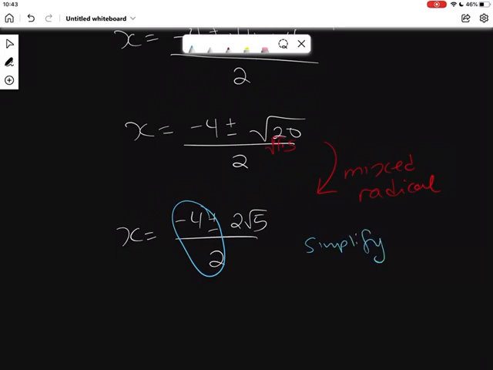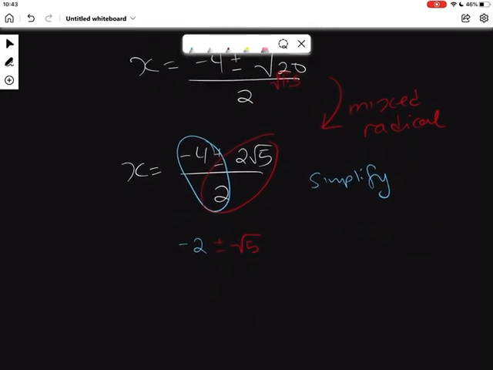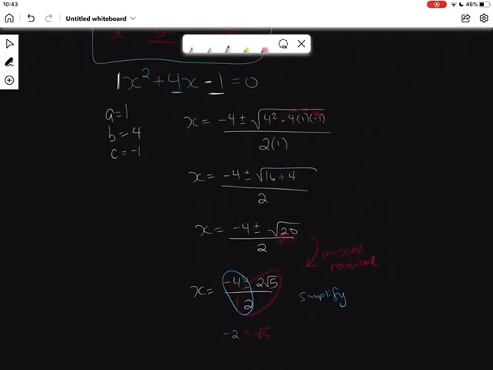And now I'm just going to simplify, okay? I can simplify negative 4 over 2 by saying that that's just negative 2. And then I can simplify 2 root 5 over 2, which is just plus or minus root 5.